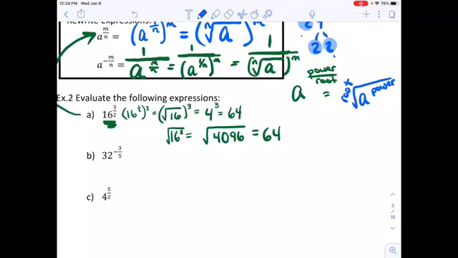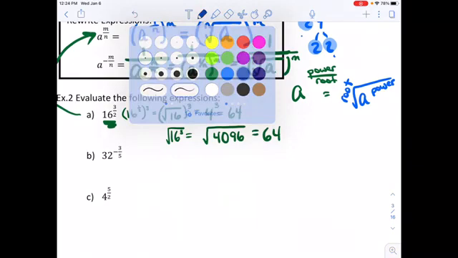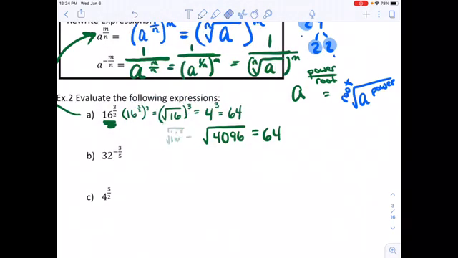Okay, so this next one I am going to, actually, let's do A the way I like to do it, and then we'll go from there, okay? Actually, I just had it written out there. We'll do A the way I like to do it. So, I see this 16 to the 3 over 2 power. I know power over root, so square root of 16 to the 3rd power.